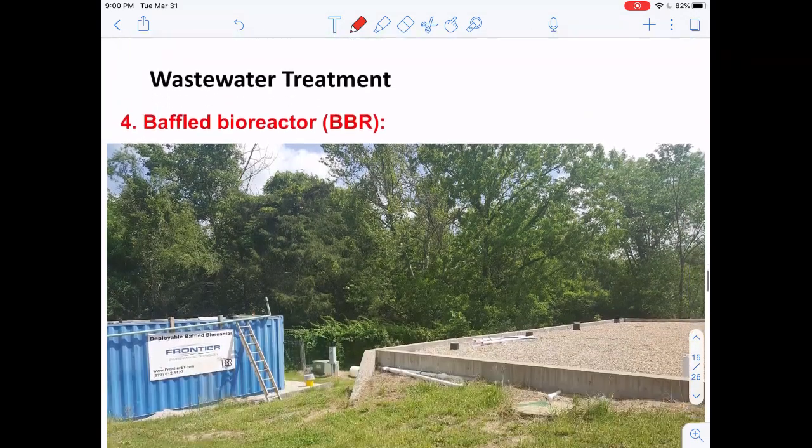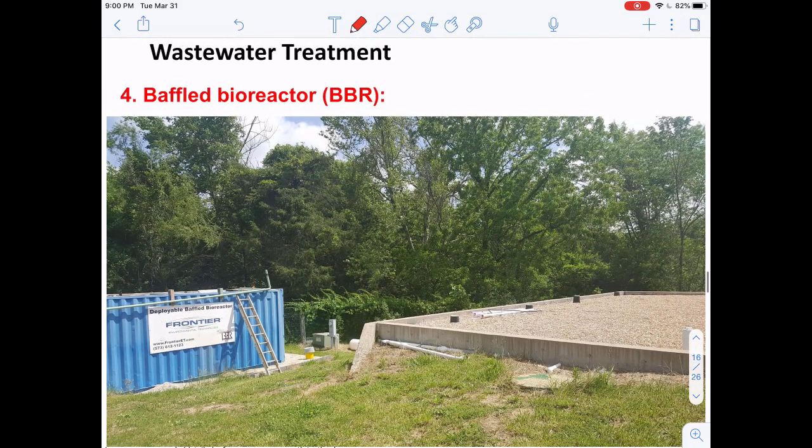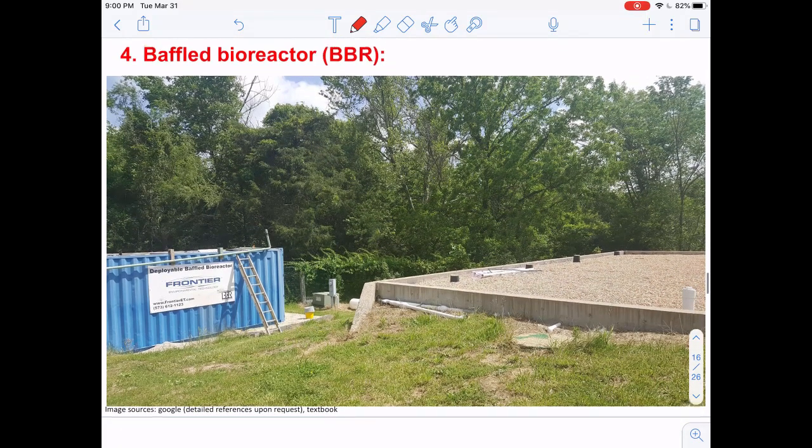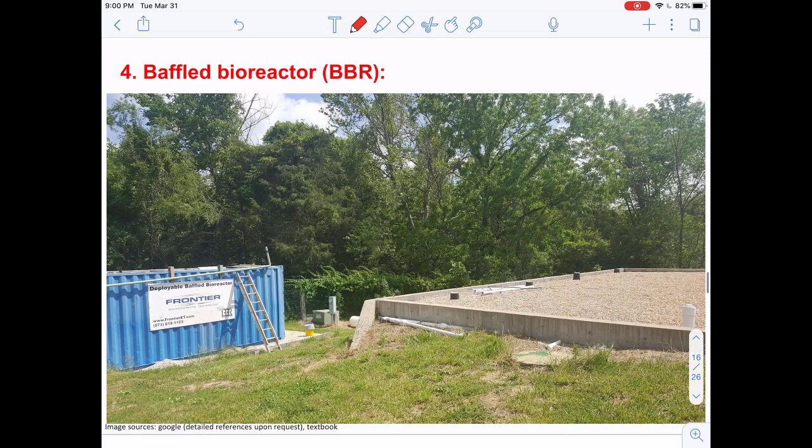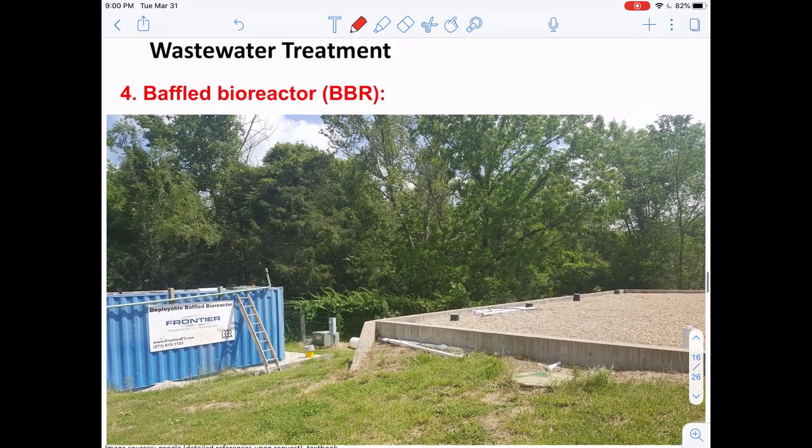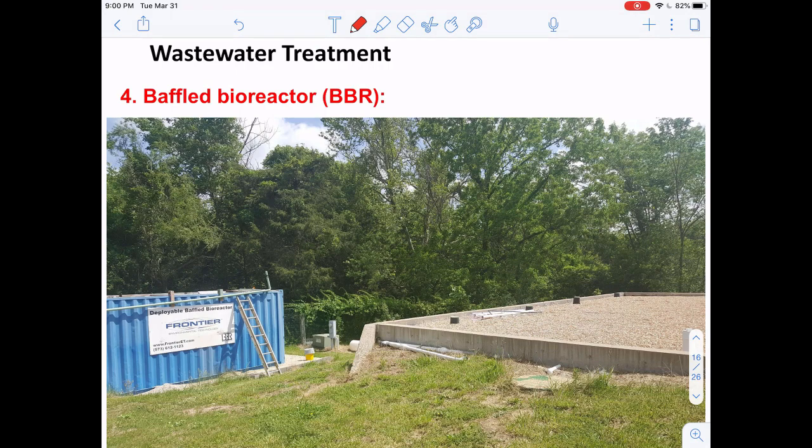So apart from these systems, there's also a system called the Baffled Bioreactor system, or the BBR. This is also quite widely used, especially for military use, because when the military moves to different locations, they want to avoid contamination of their drinking water source from the wastewater, right?